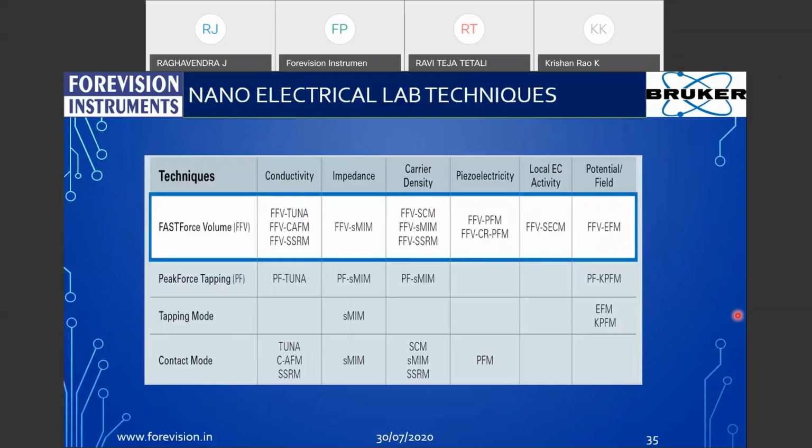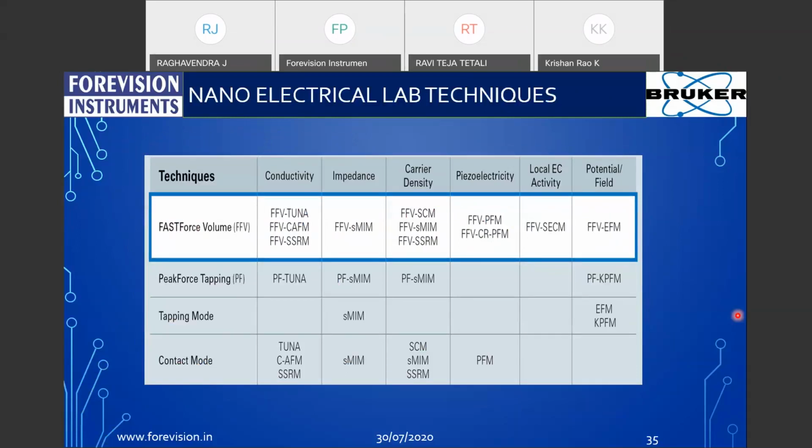So then the NanoElectrical Lab technique has different combinations for measuring the conductivity, impedance, carrier density, piezoelectricity, local electrochemical activity, and potential measurements of the sample with different kinds of techniques like FastForce Volume, PeakForce Tapping, tapping mode, and contact mode.